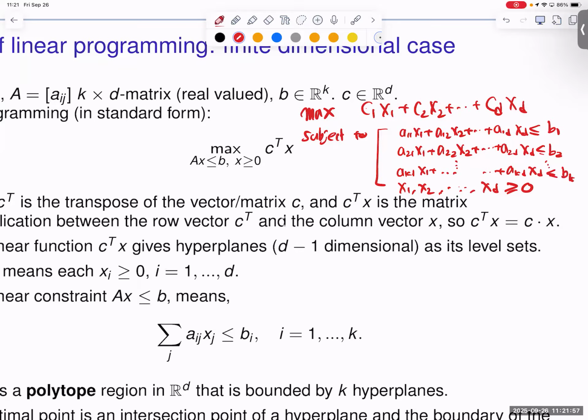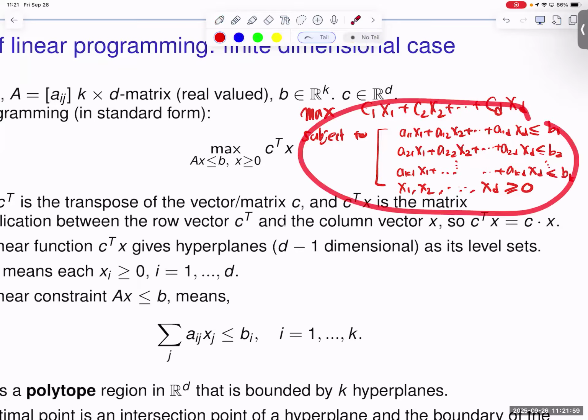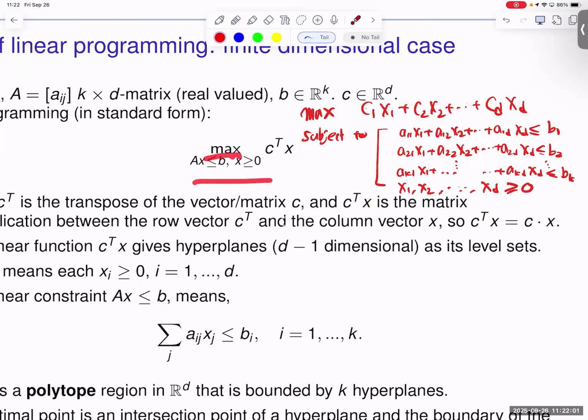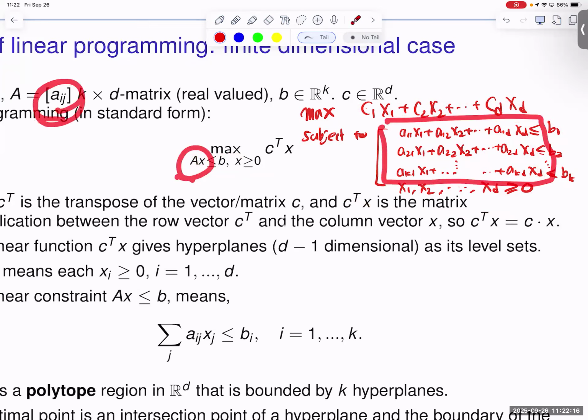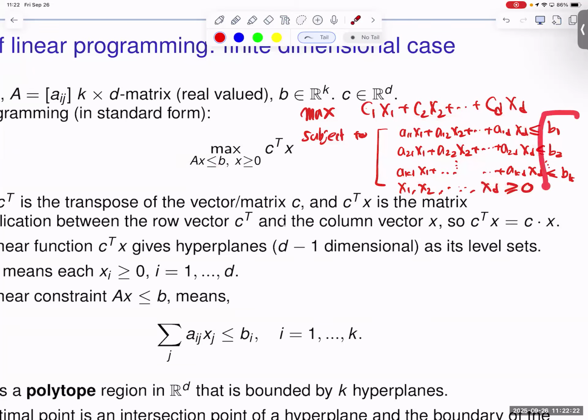Okay, so this expression is simply this: you want to maximize this dot product subject to Ax less than or equal to b. This expression comes from this matrix times this vector x, b is this vector, and x being non-negative is here.